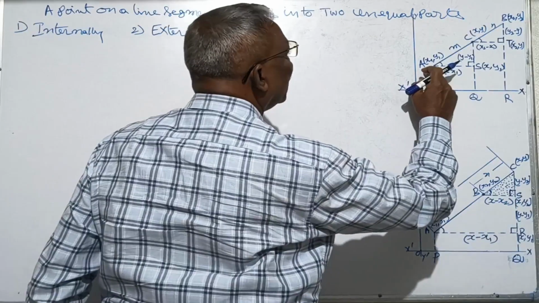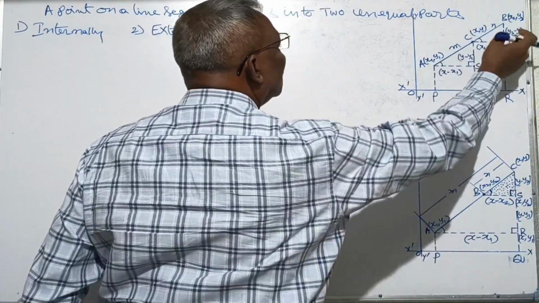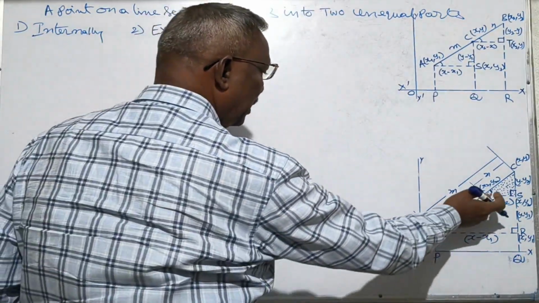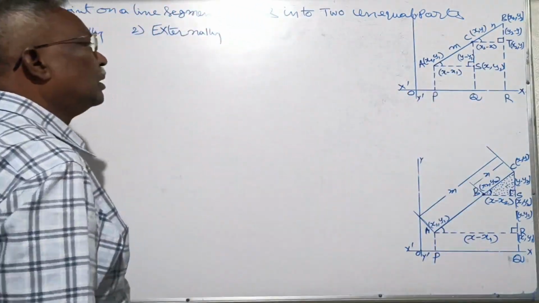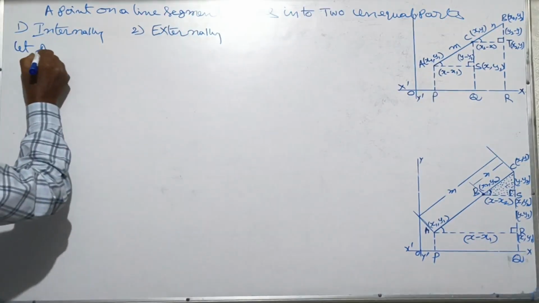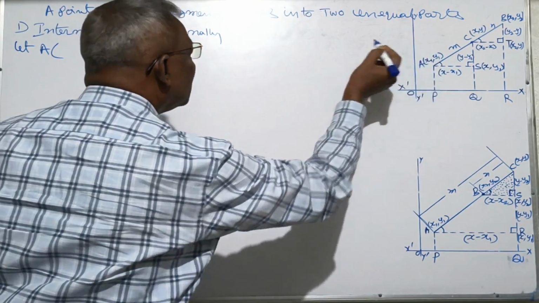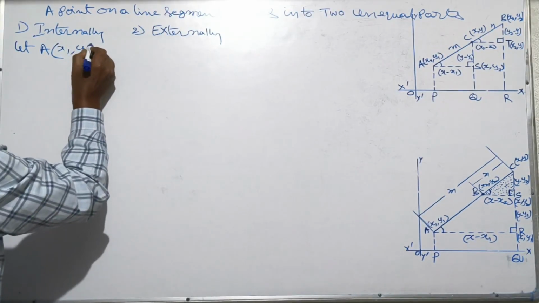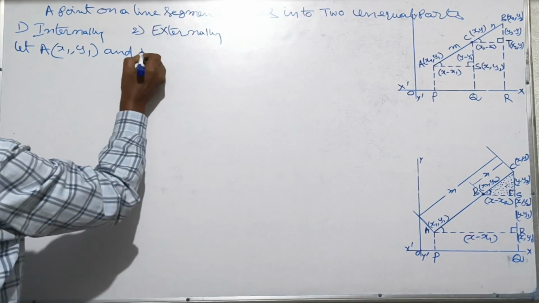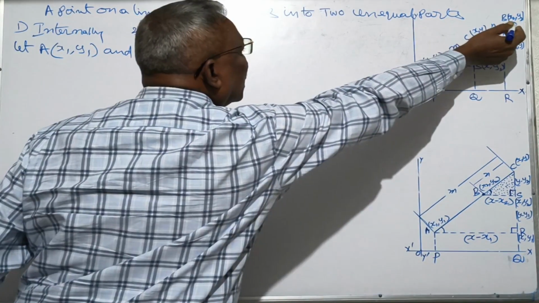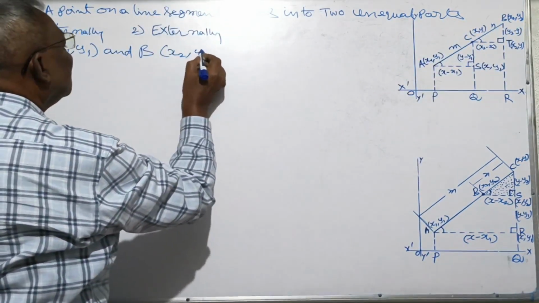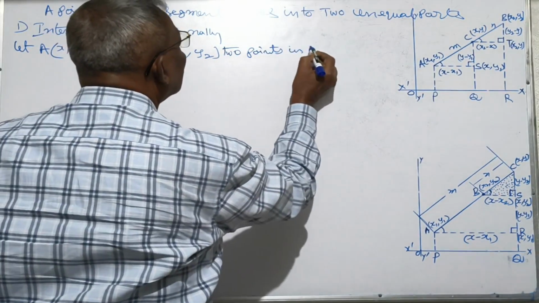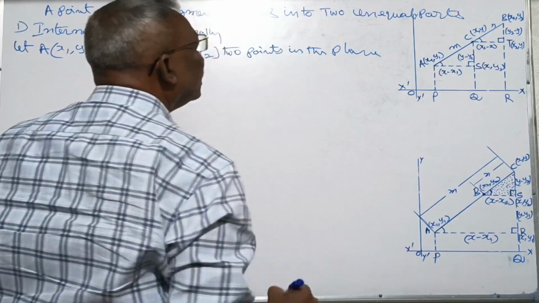Section formula in coordinate geometry. Let A, B be points on a plane. Let A be x1, y1 coordinates, and B be x2, y2, two points in the plane.